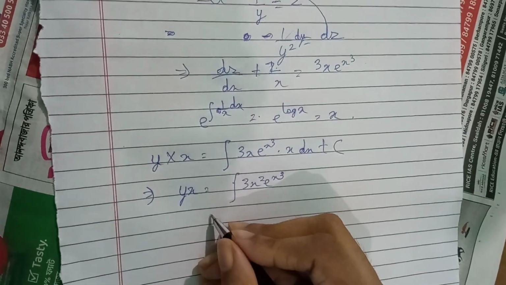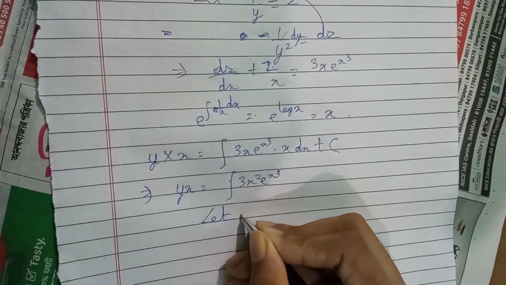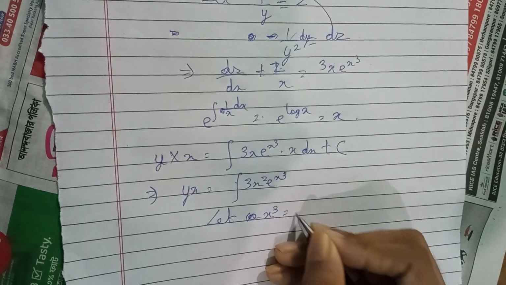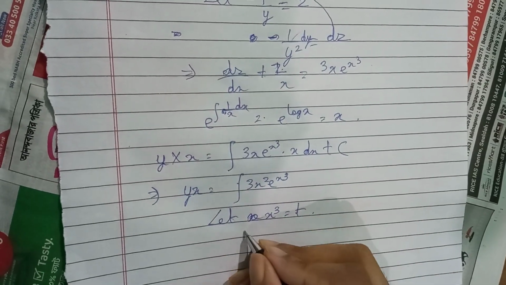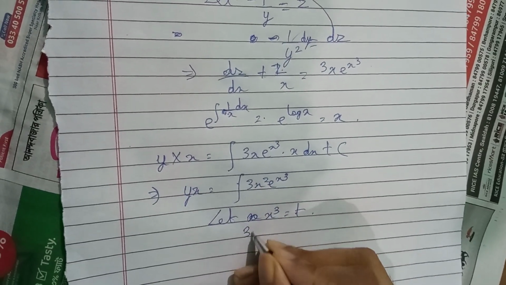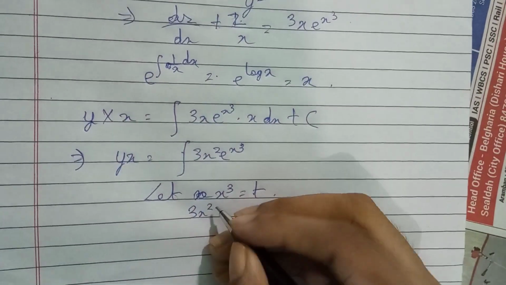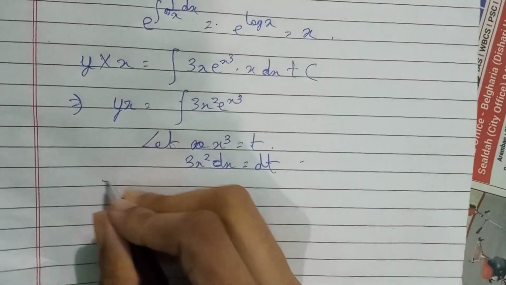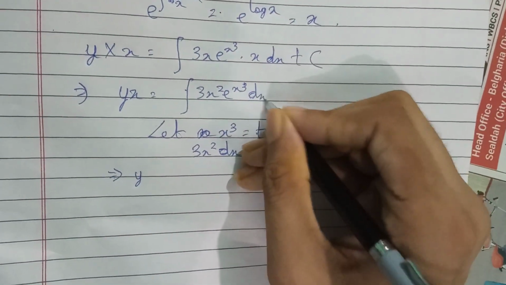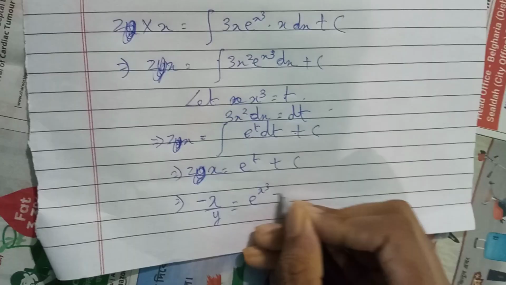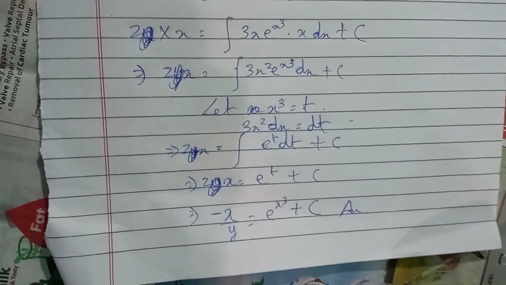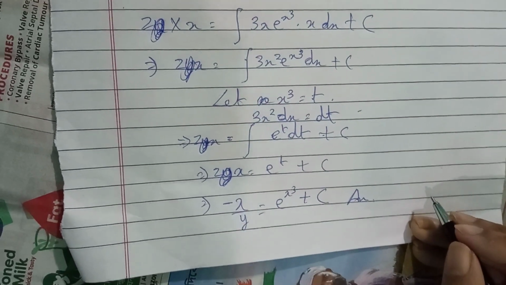Now again we have to substitute x cube equals t and differentiate. So this is the final answer.